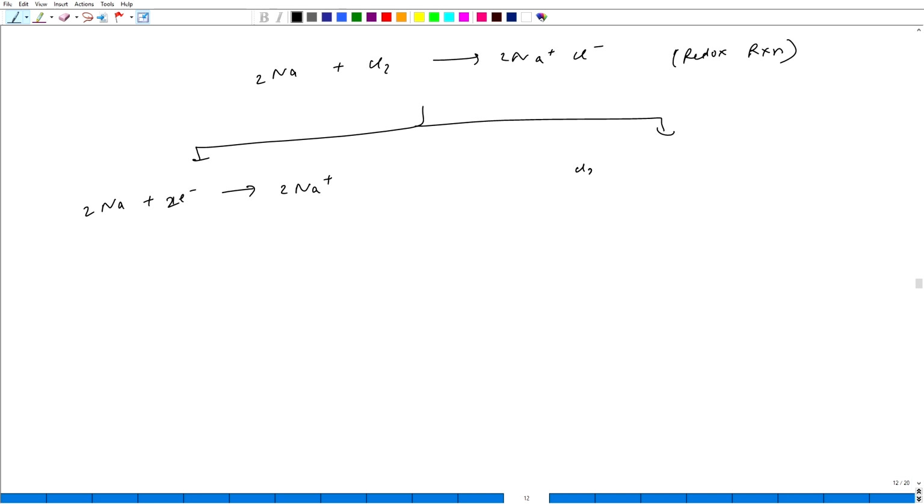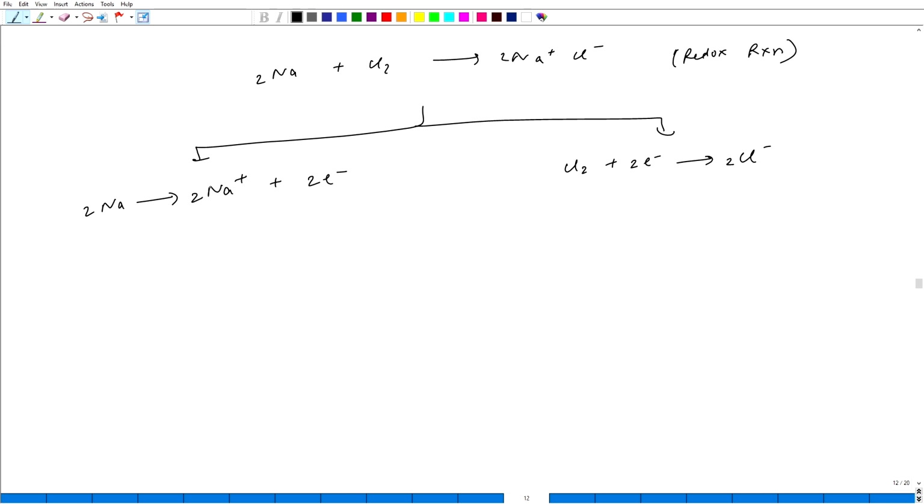Similarly, the 2 chlorine atoms in Cl2 gas gain 2 electrons to form Cl minus. I have by mistake written here gaining electrons for sodium, it is actually losing.